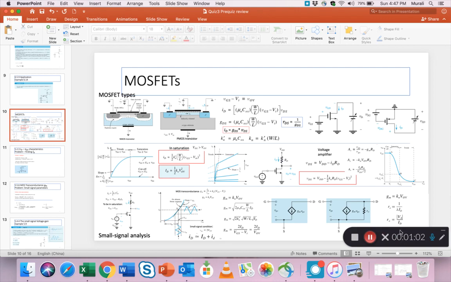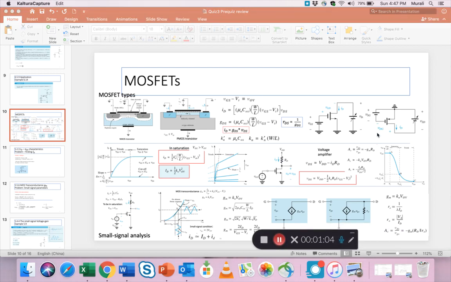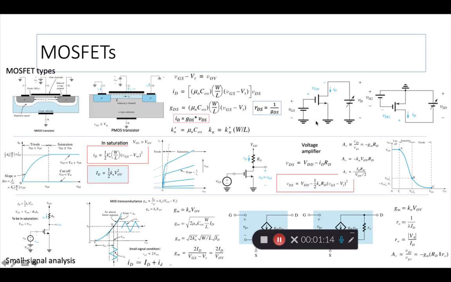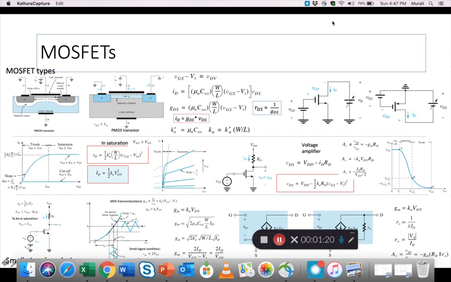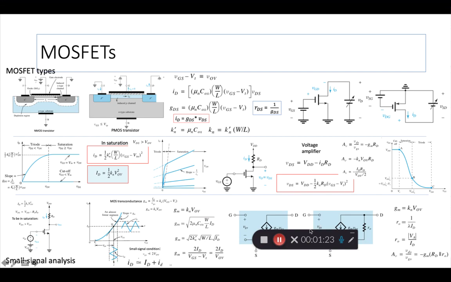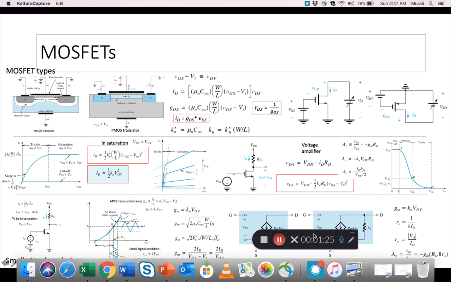You're looking at my slide on MOSFETs. It's slide number 10. And again, I've tried to pack it with a lot of information, so excuse the fact that it seems so densely packed. But all the information that you do need to know is here.